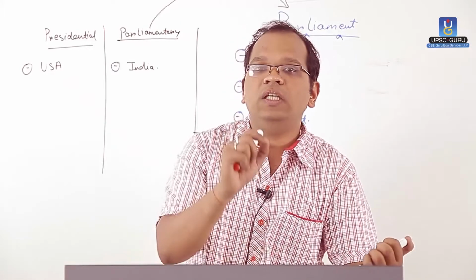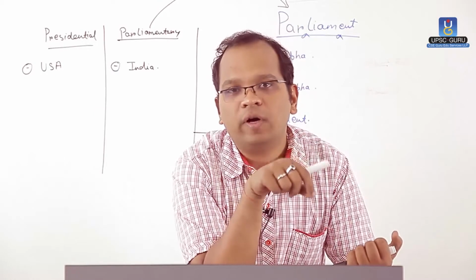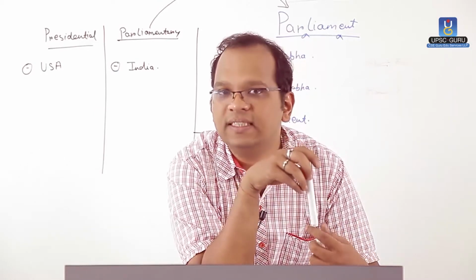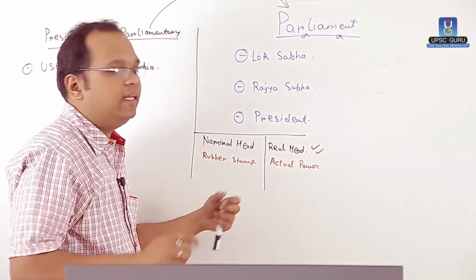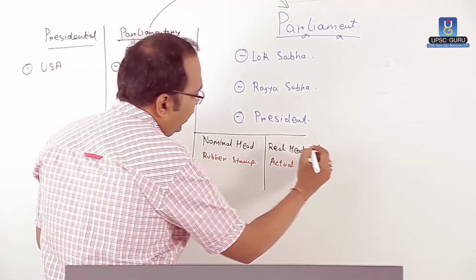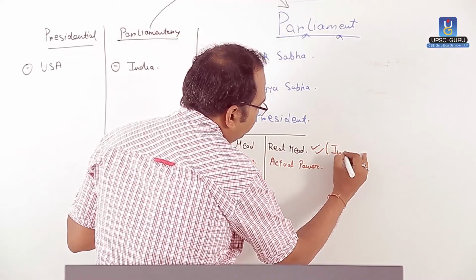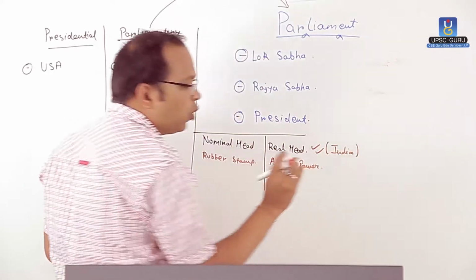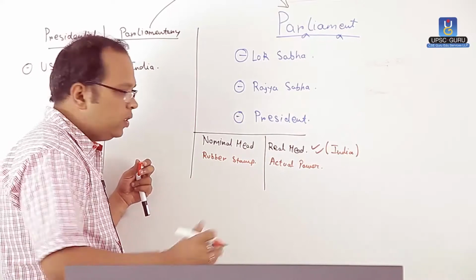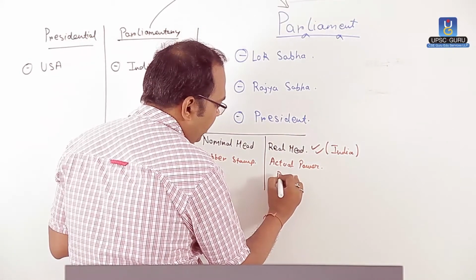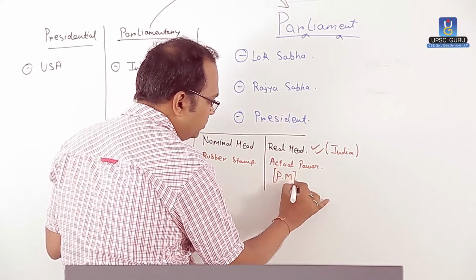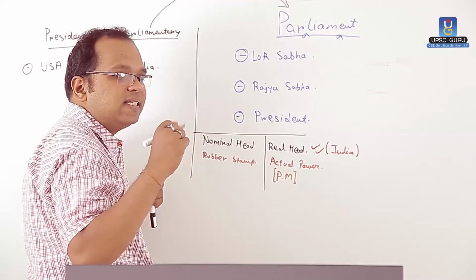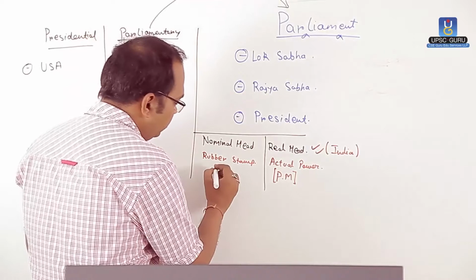But you see, the final approving authority of that particular decision is who? This is your nominal head. If we talk of India, the Prime Minister is your real head who is taking decisions, but who is the signing authority? Your president.